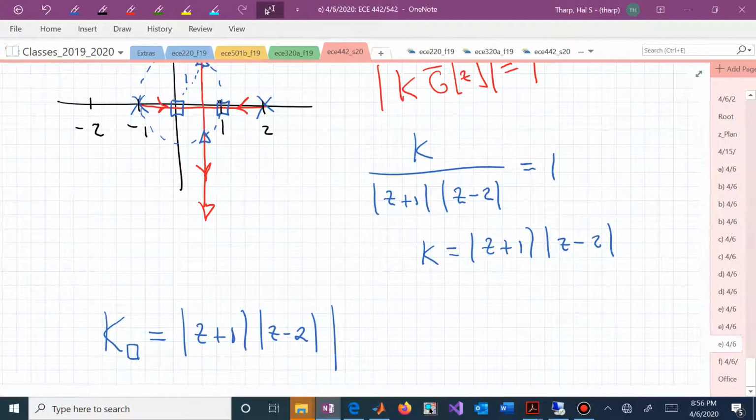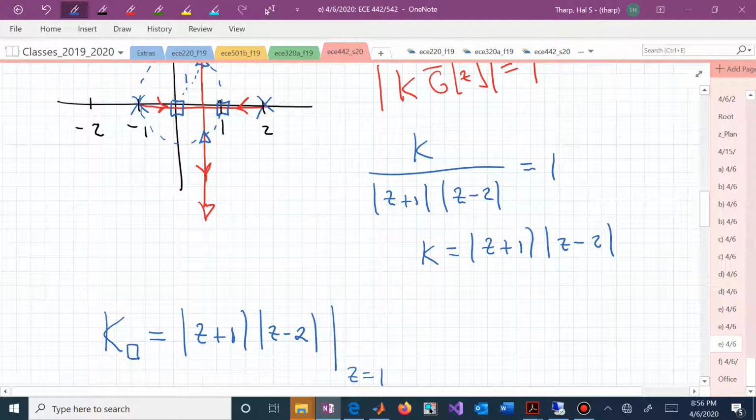The gain k at the box is the product of the z plus 1 factor magnitude times the z minus 2 factor magnitude, and that's going to be that gain when we evaluate the expression for the gain k at z equal to 1.